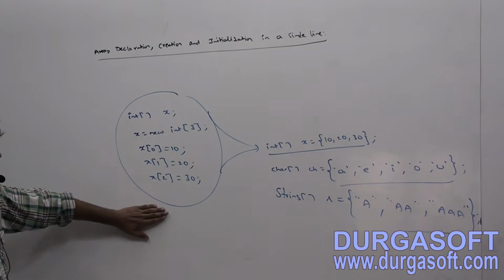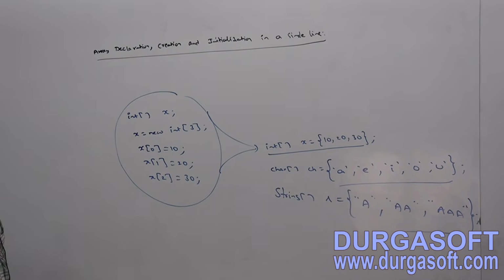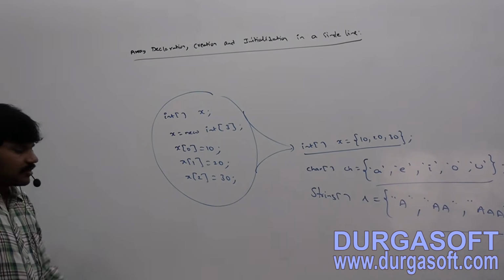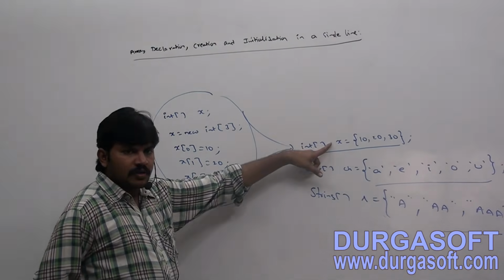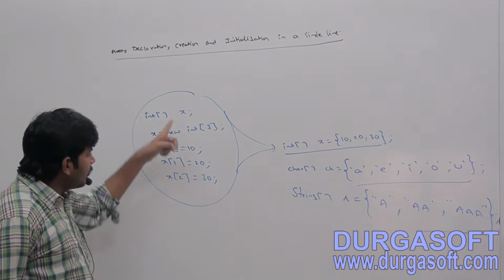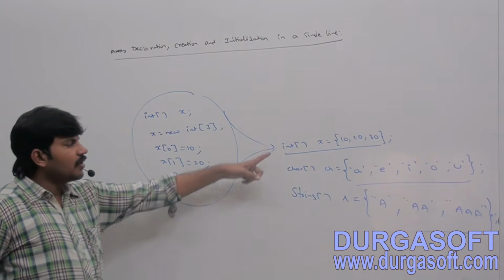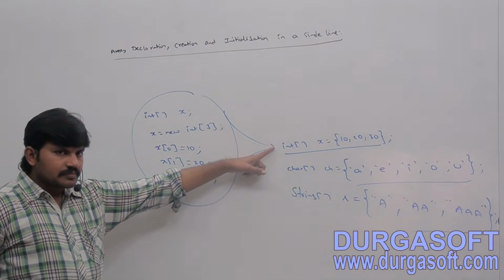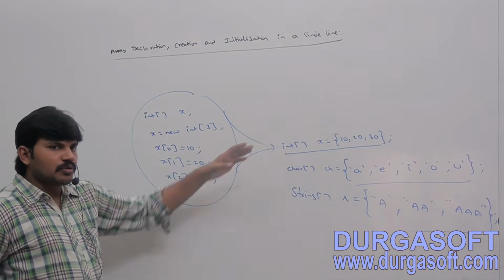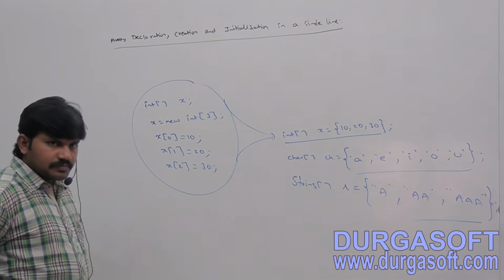I hope the terminology is very clear for you people, right? Whenever we are taking this one, internally this same thing is happening. It is just convenient to the programmer if you know all values at the beginning. In the heap, every Java object is going to be created on the heap only.